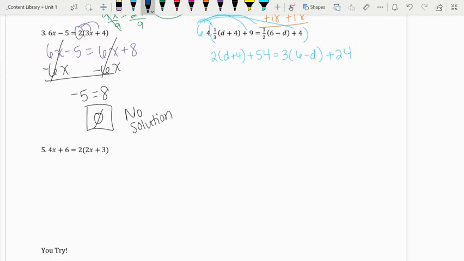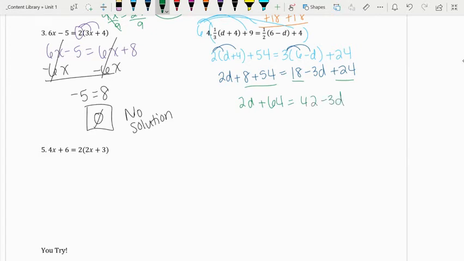At this point now, I'm just distributing a 2 and a 3 instead of a 1/3 and a 1/2. So now we have 2D plus 8 plus 54, and 18 minus 3D plus 24. Combine like terms, we get 2D plus 64. And then we end up getting 42 minus 3D.